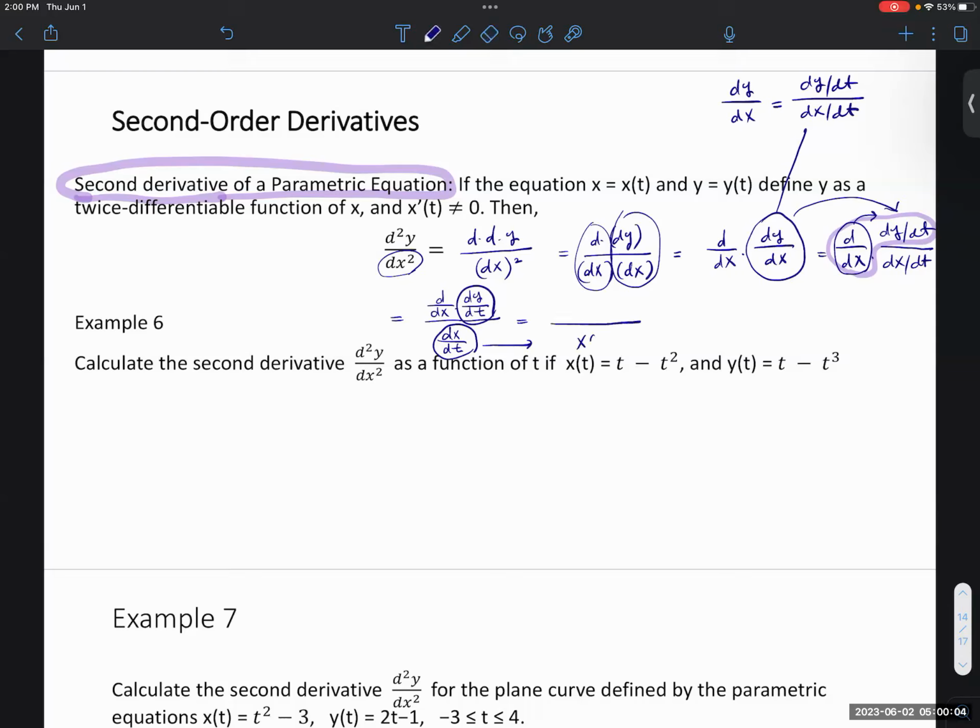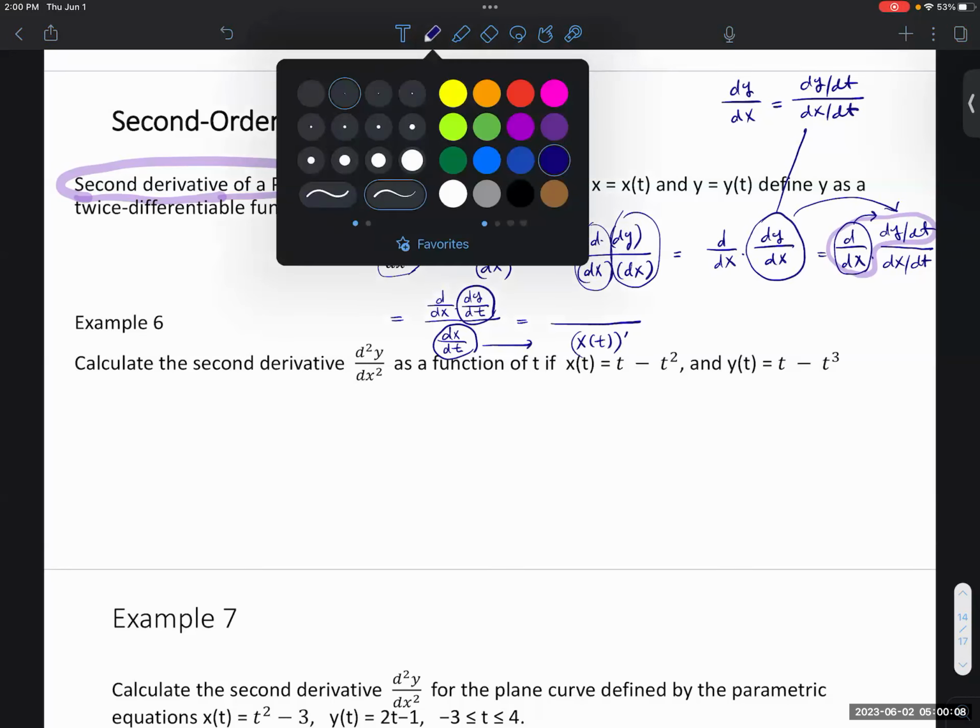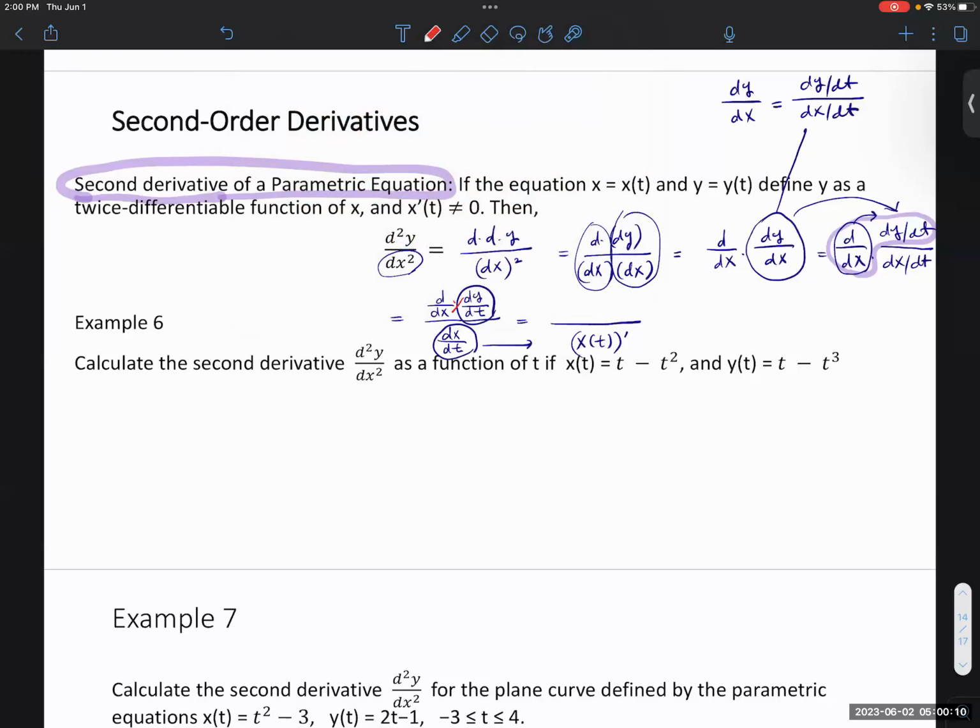So this is x_t prime. Let me change a little bit of order. So this is the same as d over dt of dy over dx. So this is actually y prime, correct? So therefore, d over dt of the y derivative over the x derivative. So this is what we're going to use at the end.